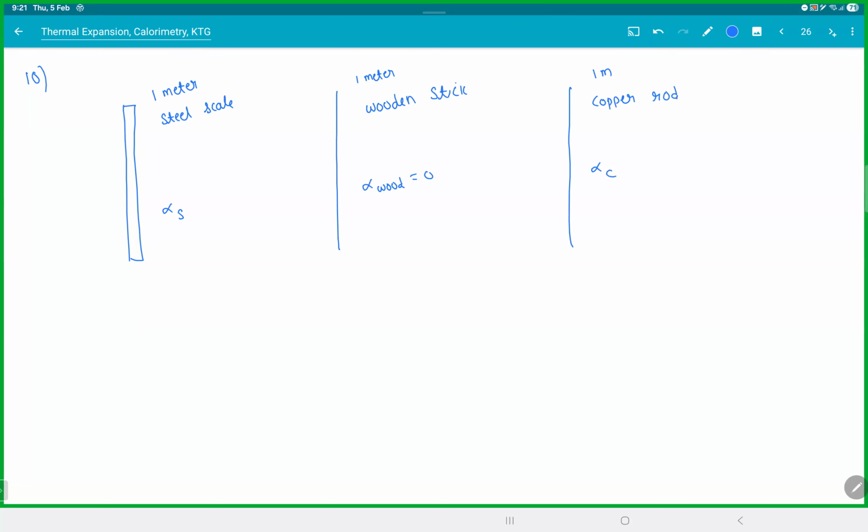Alpha copper is alpha C. When temperature is 30 degrees, the scale shows 1 meter reading. So if you use this scale to measure the wooden stick and the copper rod at 30 degrees, it shows 1 meter reading. Find the reading of the scale at 40 degrees.